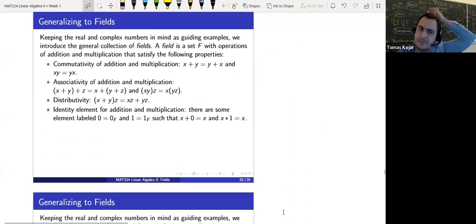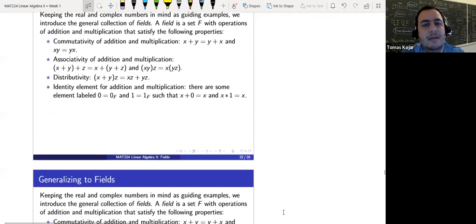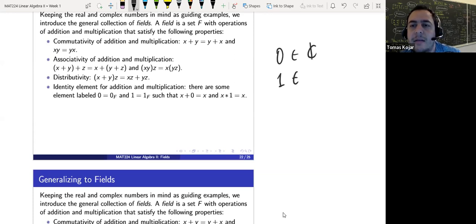The most interesting part is the identity element. So for complex and reals, this is again the same thing. So 0 is again the additive element. So as in like the usual 0 and 1 as in the reals. So they are again the identity elements.